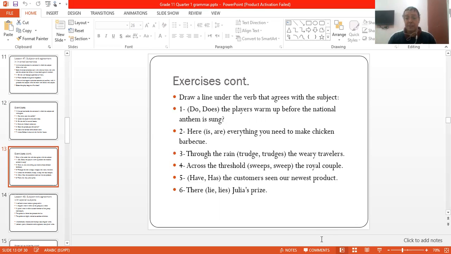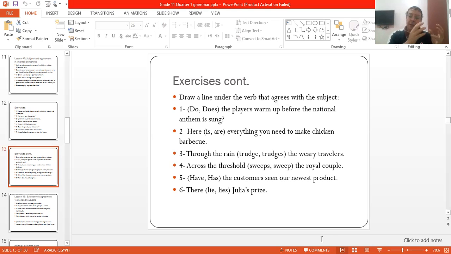The regular sentence would be a picture, a photo, a portrait hangs on the wall.